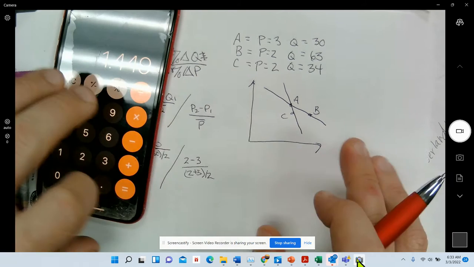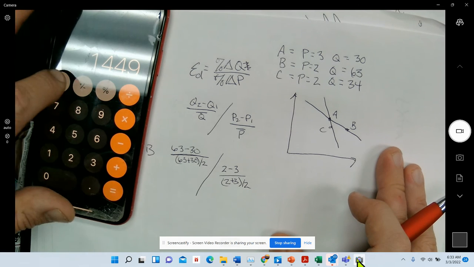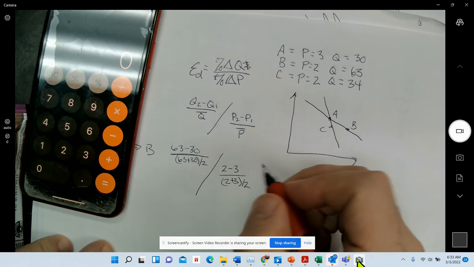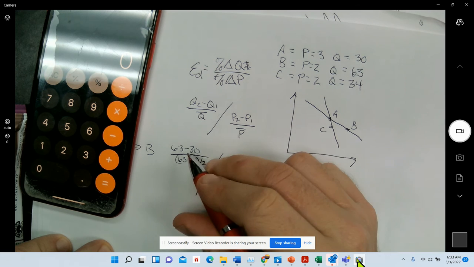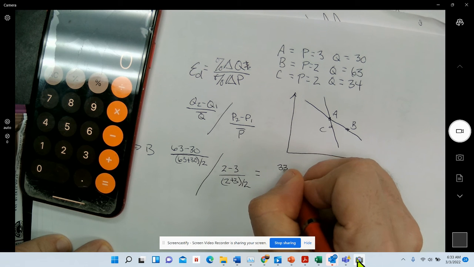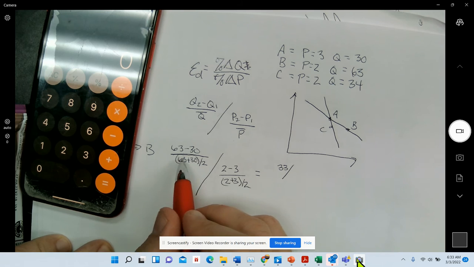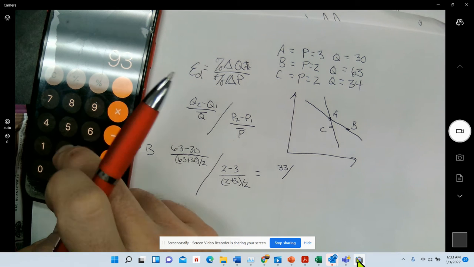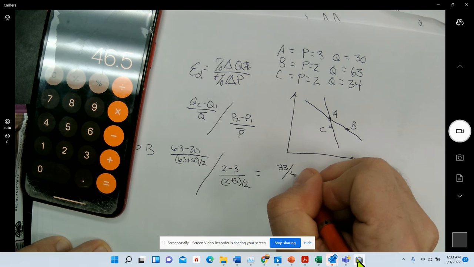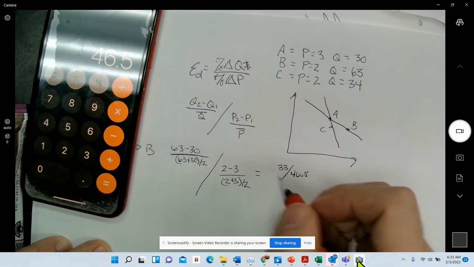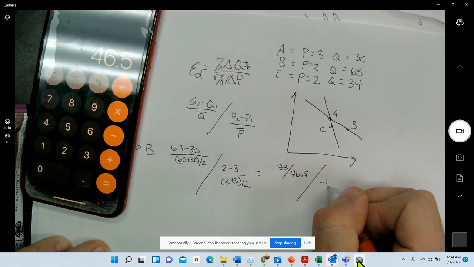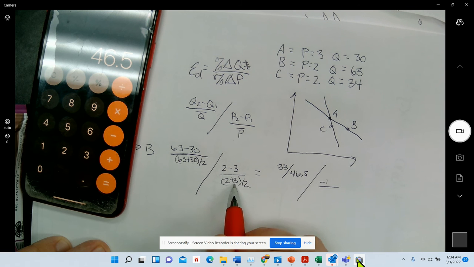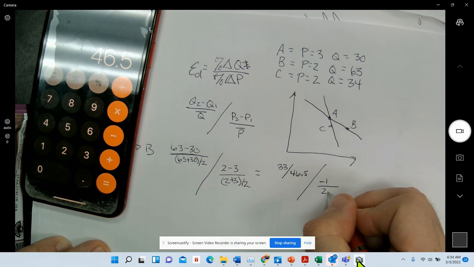We end up with 63 minus 30, which is 33, divided by Q bar. 63 and 30 is 93, and 93 divided by 2 is 46.5 on the top. And then divide this by negative 1 over 5 divided by 2, which is 2.5.